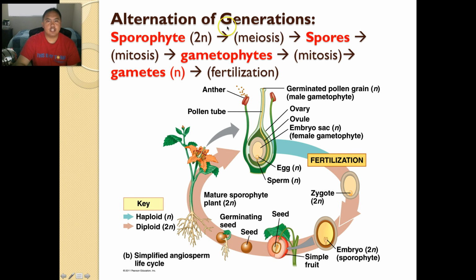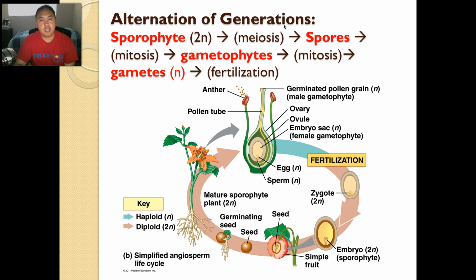What they mean by alternation of generations is that for us, remember that if we want to reproduce, we go through meiosis and reproduce, and the sperm and the egg combine, and then through mitosis that zygote grows and grows and becomes another human being. But all of us humans always have double chromosomes.